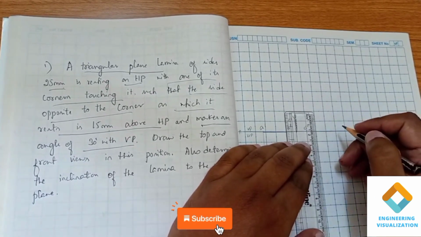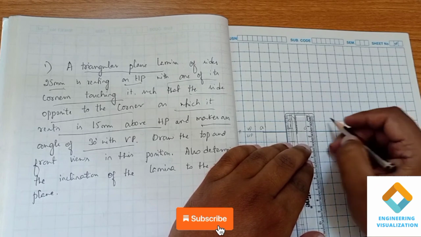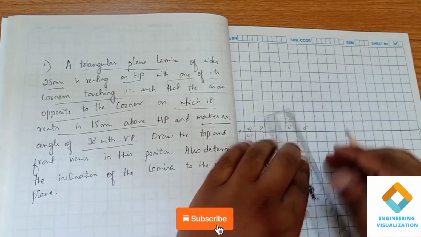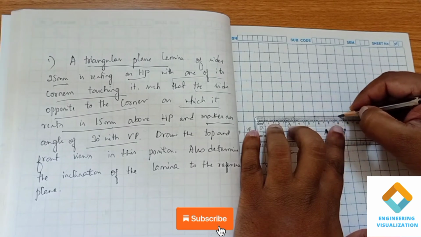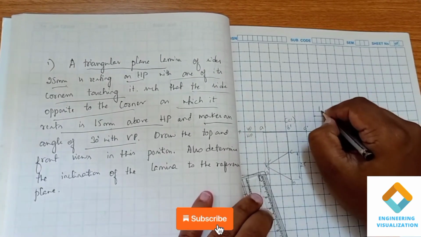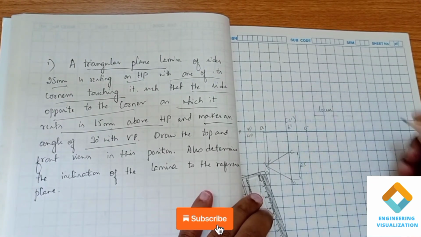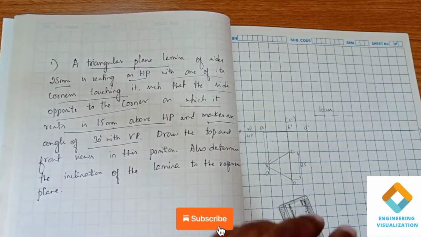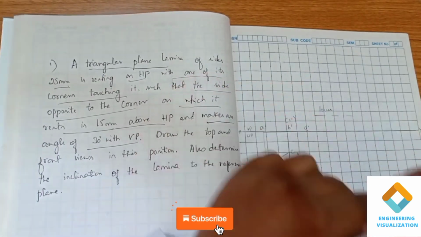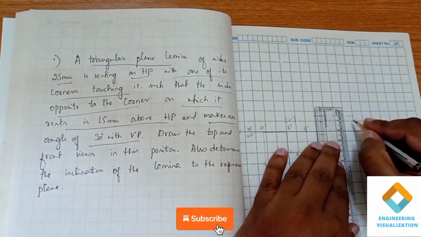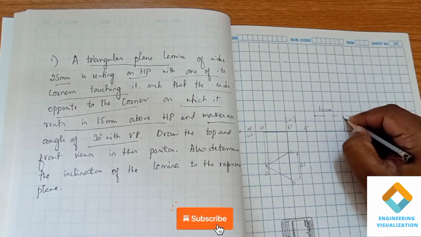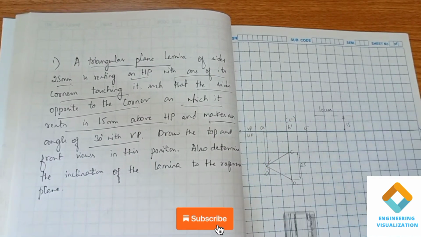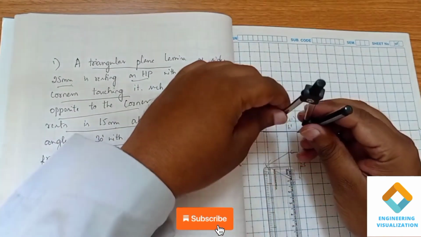So this is A, B, C, and it is having a dimension of 25. So we have to show the dimension here. The front view, we get it on this XY line. This is A dash, B dash, and C dash will be in bracket.